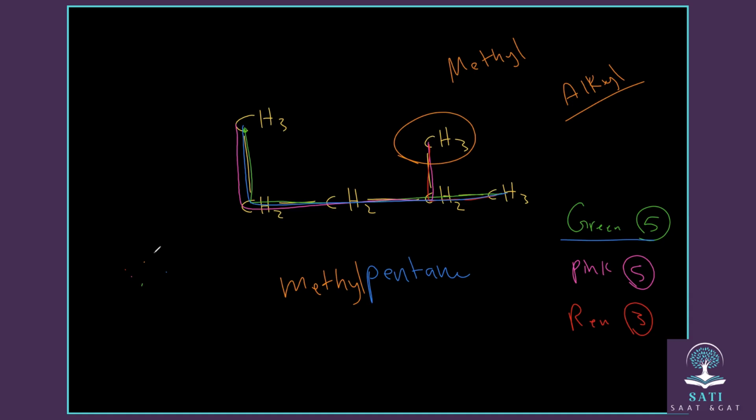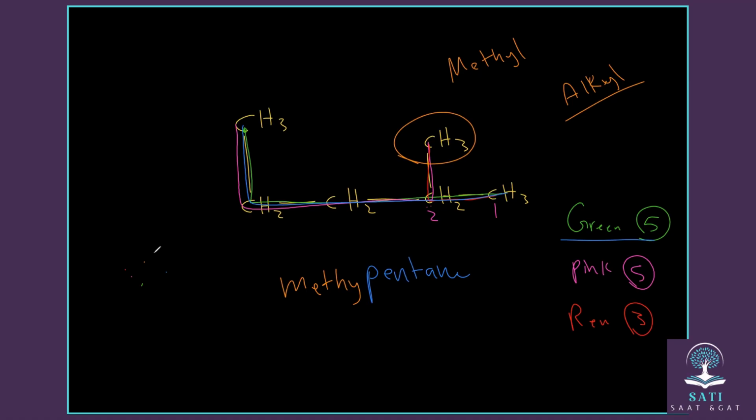So that means you need to number the carbon atoms. Can you number them like this, 1, 2, 3, 4, 5? If I number them this way, the carbon atom it is attached to is number 4. But why do this numbering? No, I need to number them from the side that gives the smallest number.